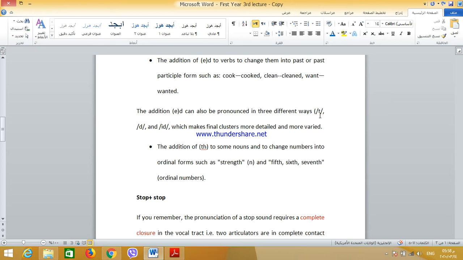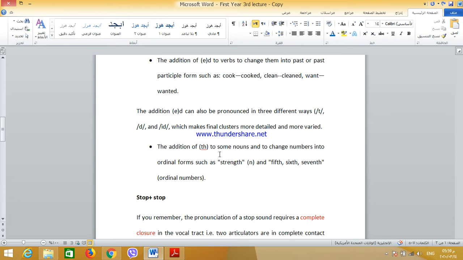It can be pronounced like te, as in cooked. It can be pronounced as de, as in cleaned, and id, as in wanted. Also, this gives more variety and more details to the clusters that are found in final position.